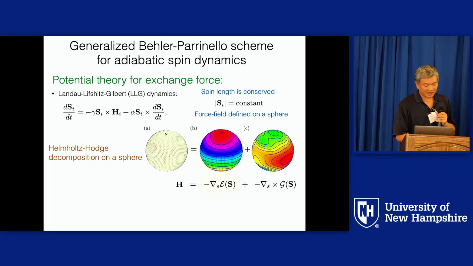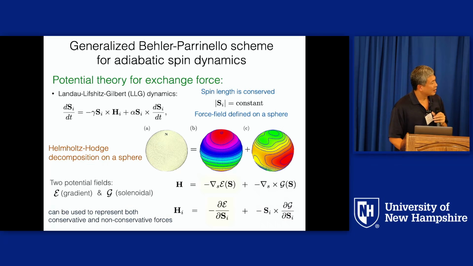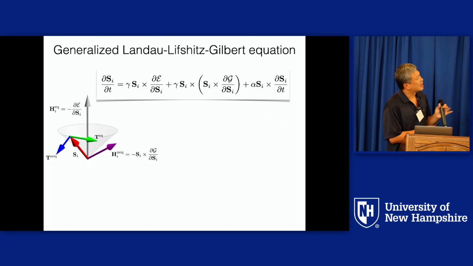If you rewrite this in terms of the spin derivative, that means the most general local field has 2 components. One is the famous Landau-Lifshitz term, and this is a new term which can be responsible for the non-conservative part.